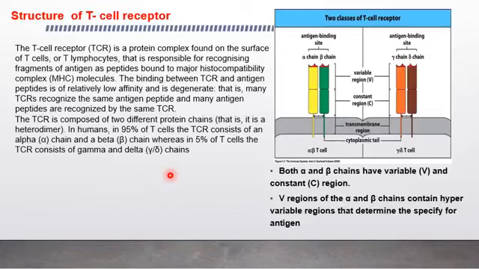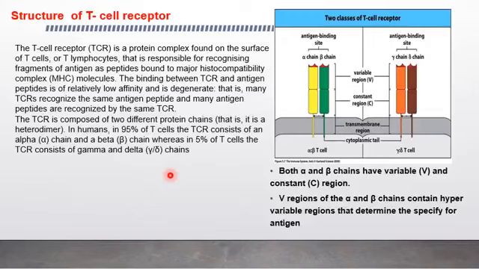They are expressed on the T cells, and the T cells are part of the adaptive immunity, and the fragment proteins are expressed on the macrophage or dendritic cells, or it could be the B cells as well. But that means it's the cross link between the innate immunity and adaptive immunity.